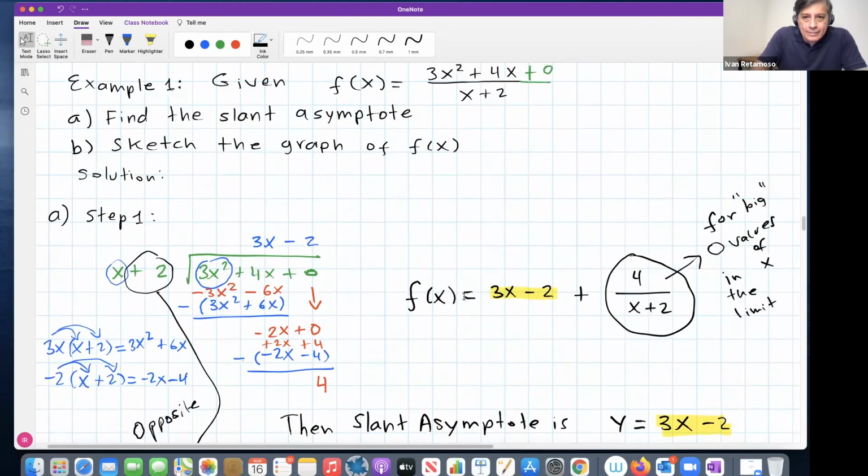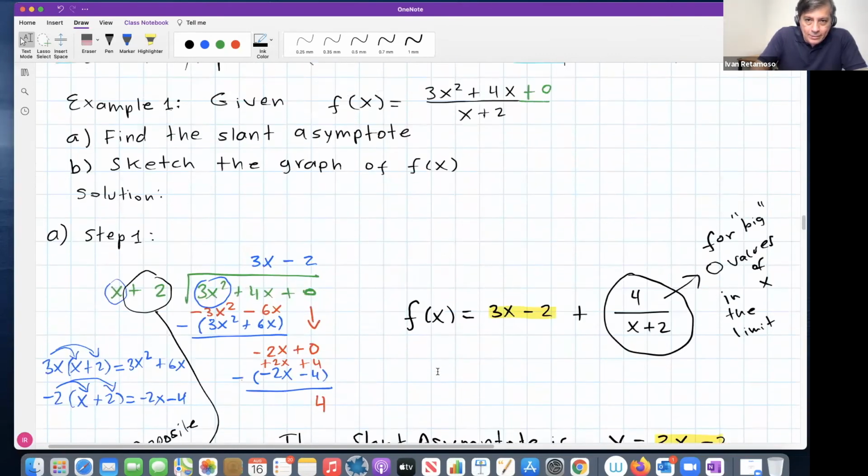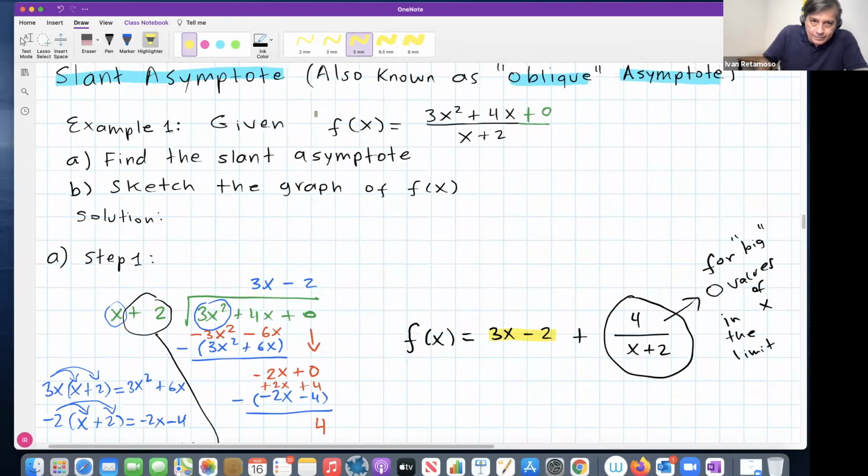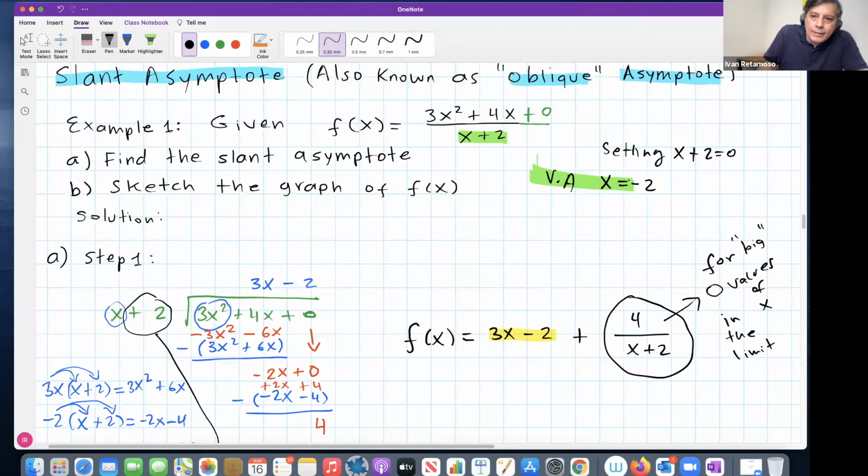And the vertical asymptote that comes from here. Let's use a different color. Look, from here, vertical asymptote, x equal negative 2, right? Because it comes from setting this equal to 0.